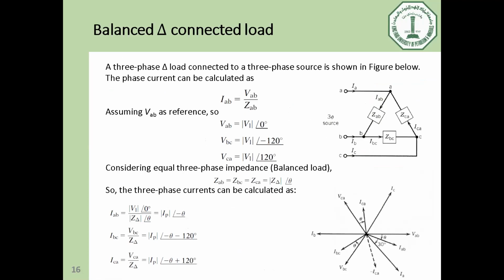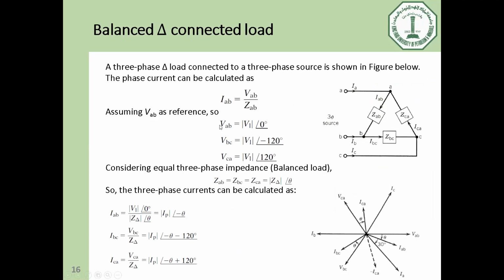For a delta connected load, the three phase impedances will also be equal, so ZAB equals ZBC equals ZCA, and the current magnitudes IAB, IBC, and ICA will also be equal. IAB equals VAB divided by ZAB.